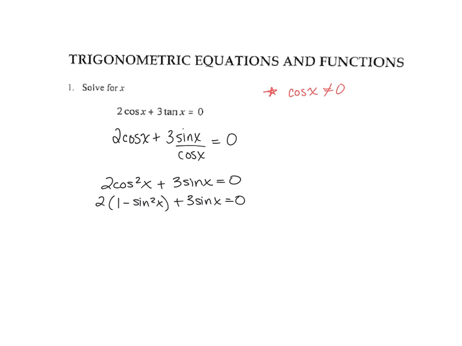We can expand. And I'm just going to divide out my leading coefficient of a negative, just because I prefer to have my leading coefficient be positive when I go to factor. But again, just personal preference, it doesn't have to be that way. And then I look to factor.